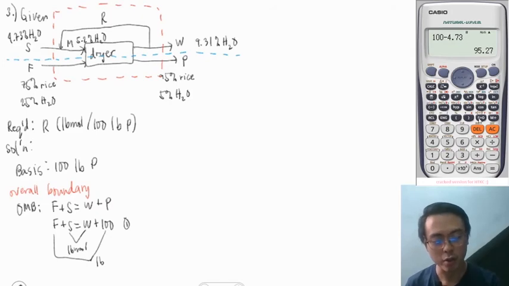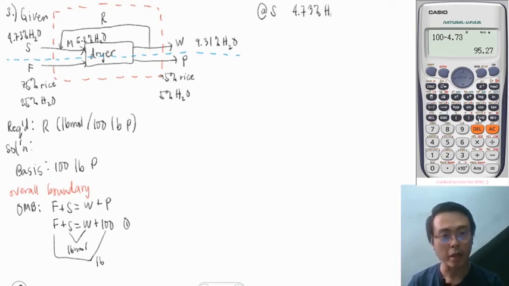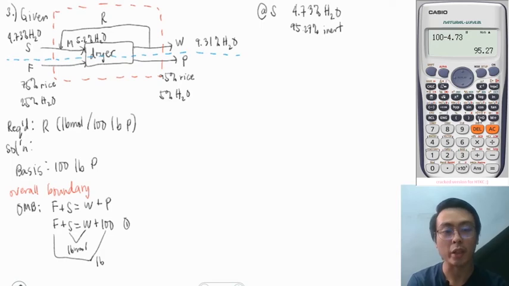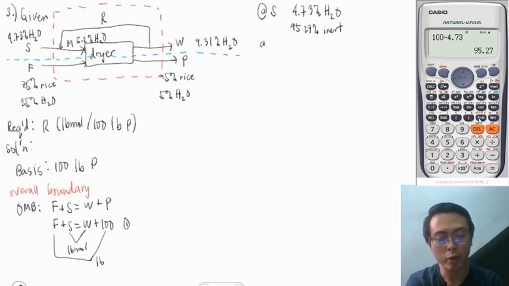So let's first consider S. You have 4.73% water. The remaining 95.27%, we simply call it inert. We do not care what it is as long as it does not interfere in the drying process, because in this problem we are mainly concerned about water, the species being transferred from the rice to the gas. Let's also consider stream W. This contains 9.31% water.